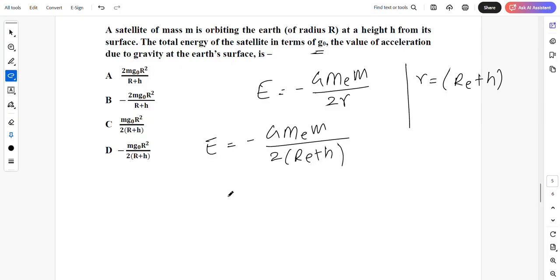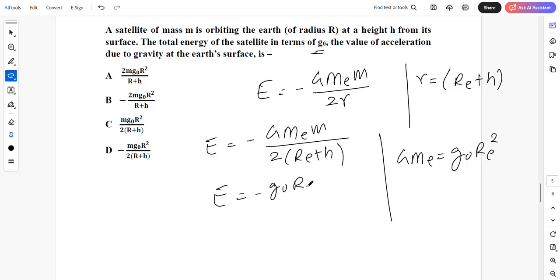I can write G M_E as g0 into R_E square. So that is minus g0 R_E square into m divided by 2 into R_E plus h.